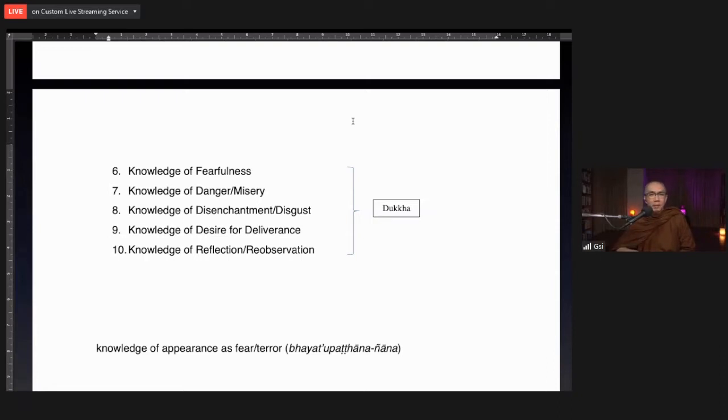For example, like number 7, where you see your rising, falling. Initially when we begin the meditation, you notice the rising, falling, and when asked, is there any dukkha there? Is there any pain there? What pain?